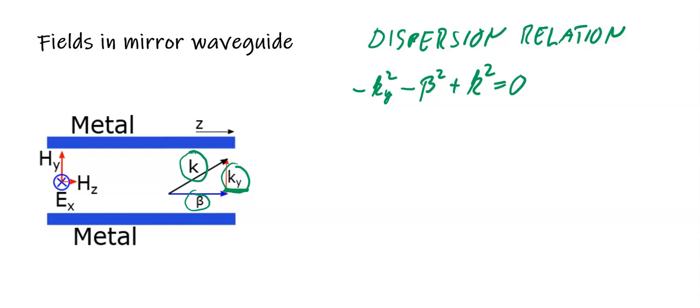Next, we use the boundary conditions, where the tangential component of the electric field is zero at the boundaries of the mirrors. The thickness of the waveguide is d, and at both interfaces, the x component of the field needs to be zero.